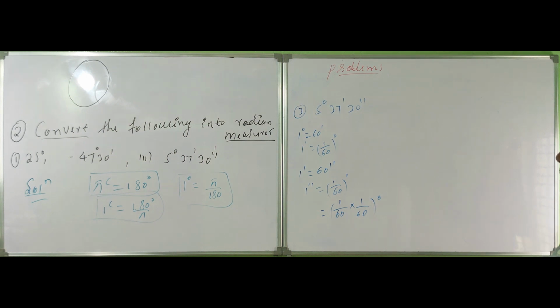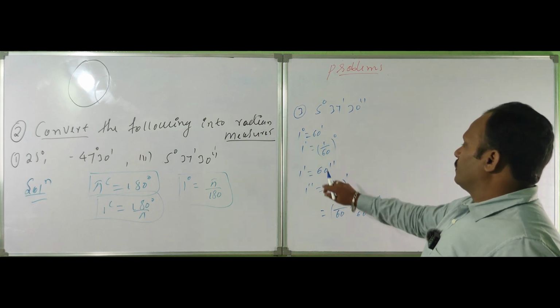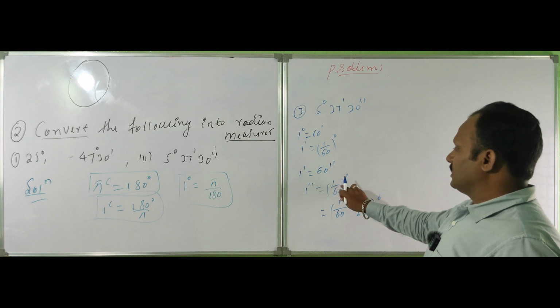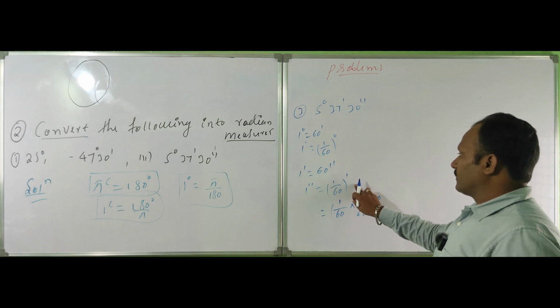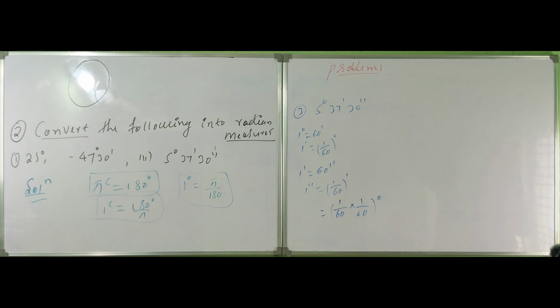Conversion, because 1 minute is equal to 1/60th of a degree. To get the degree, you multiply the minute value by 1/60.